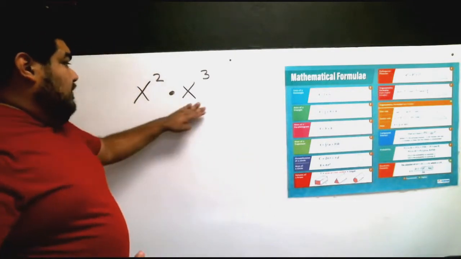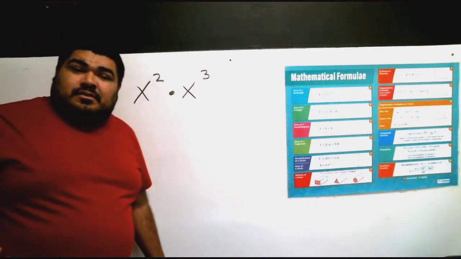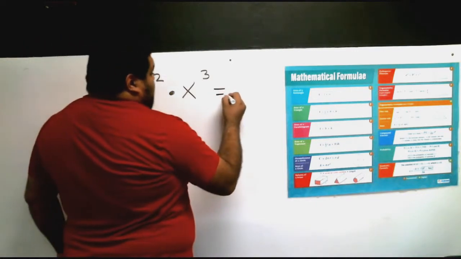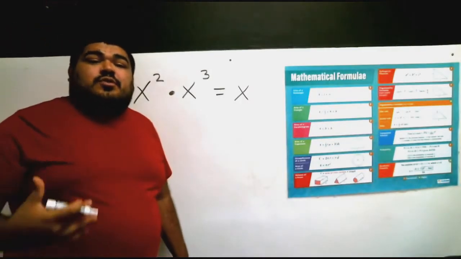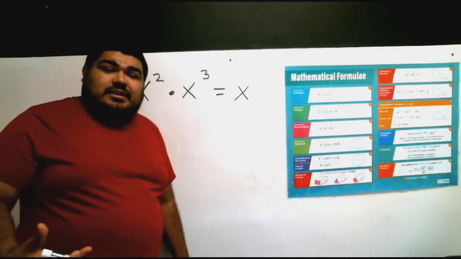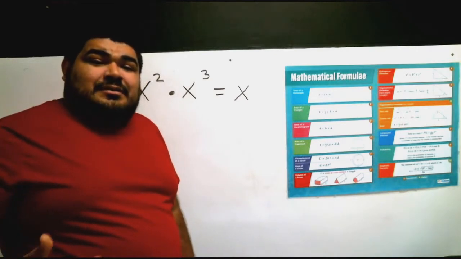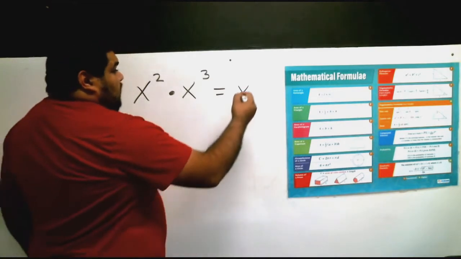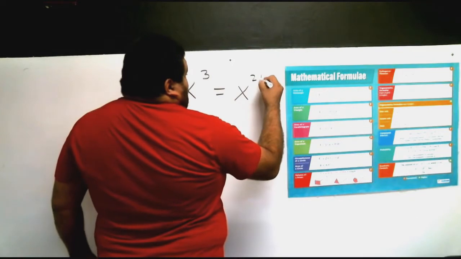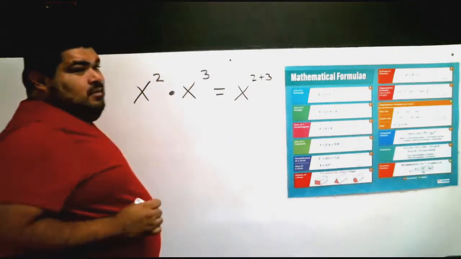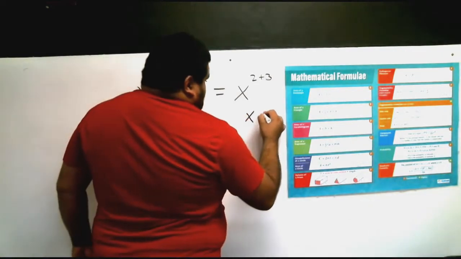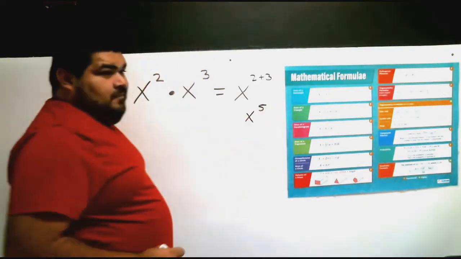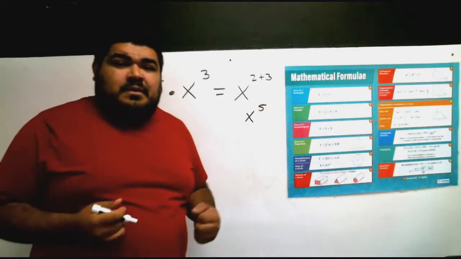All you have to do is combine, leave x, so it becomes x. The rule is that when two variables are being multiplied with exponents, all you have to do to those exponents is add them. So we have x, 2 plus 3. So your final answer is x to the fifth. And that's it.